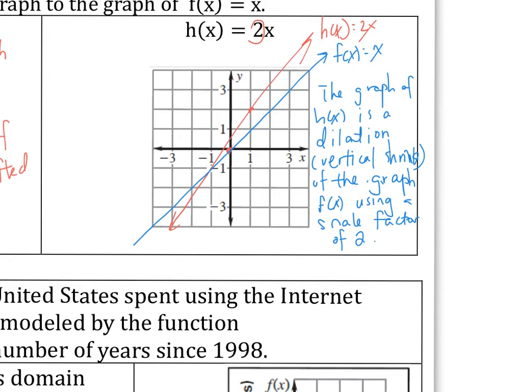Now I'm going to add something here. What if I give you g of x equal to negative 2x? Then my graph will be flipped or reflected around the x-axis compared to the red one.